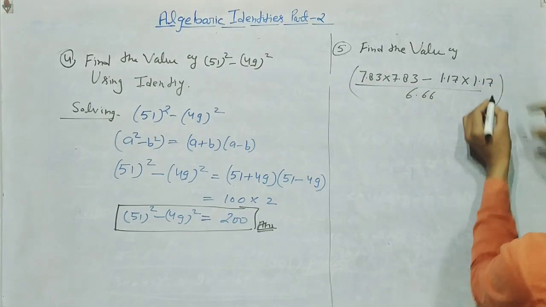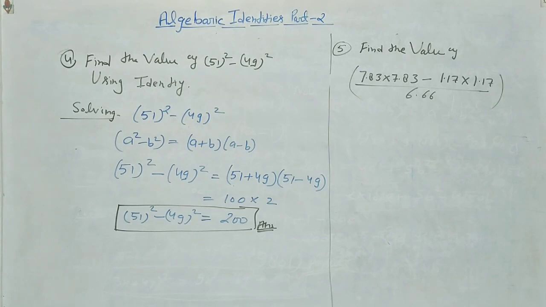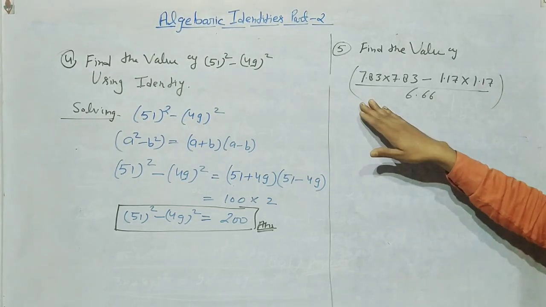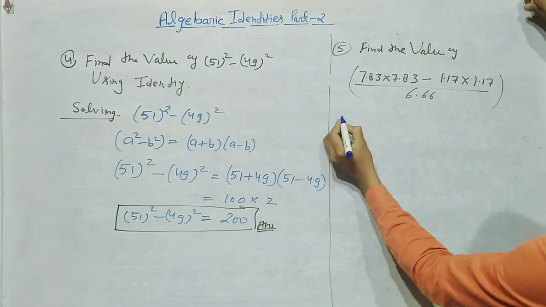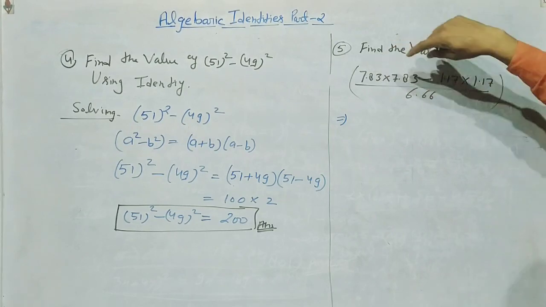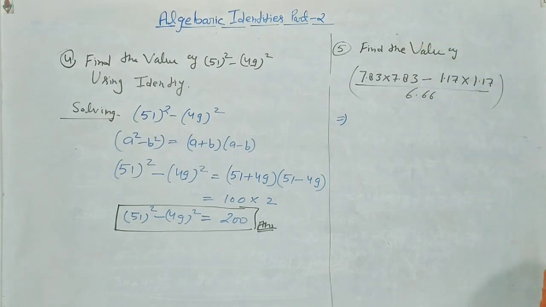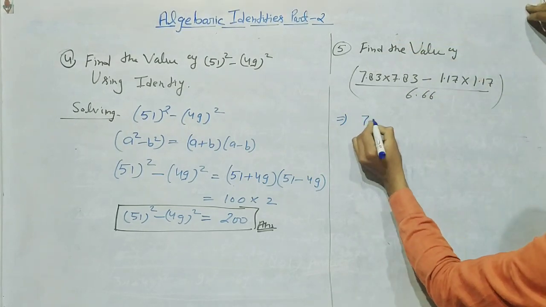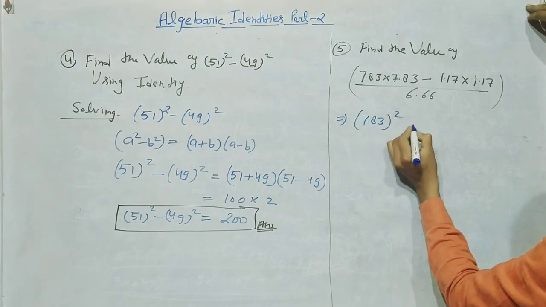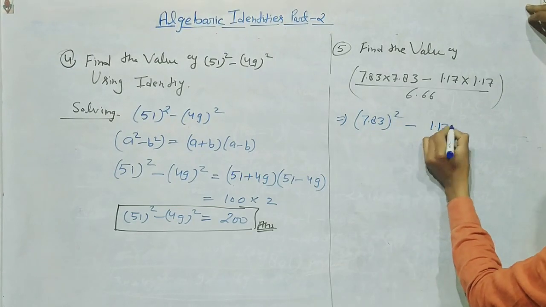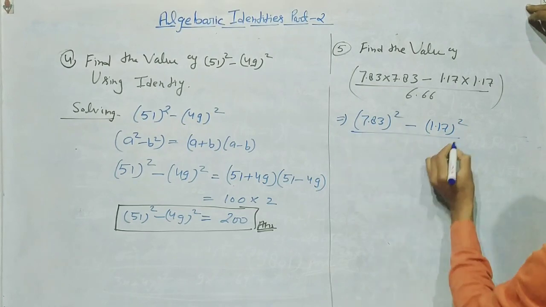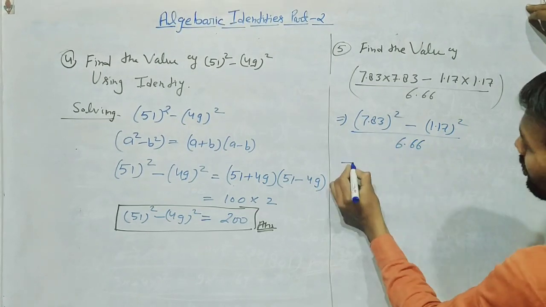This is the expression. We have to find the value of this. 7.83 into 7.83 we can write as 7.83 to the whole square. So 7.83 ka whole square minus 1.17 ka whole square upon 6.66.